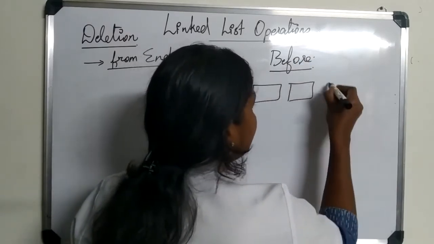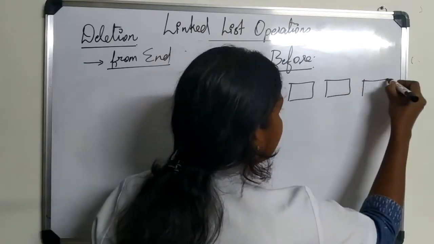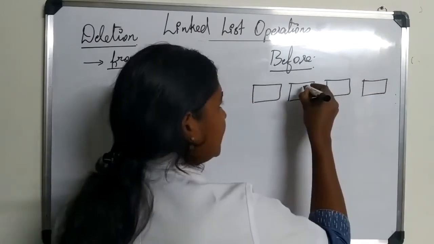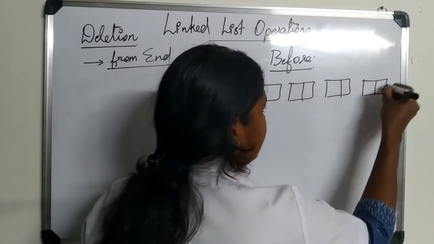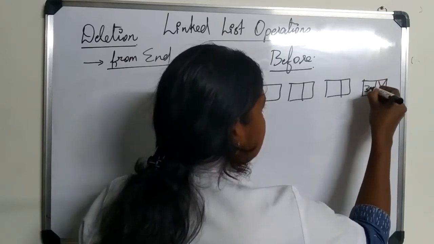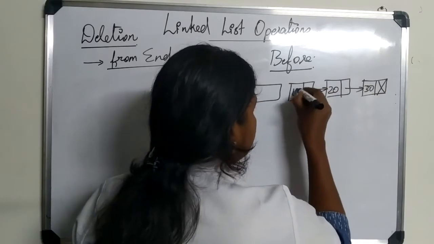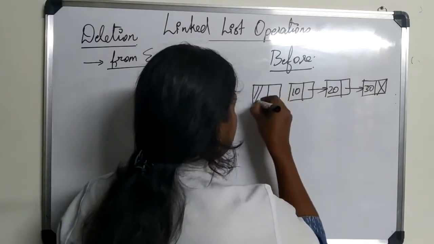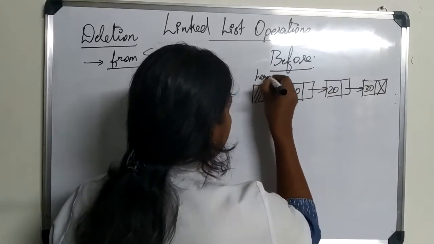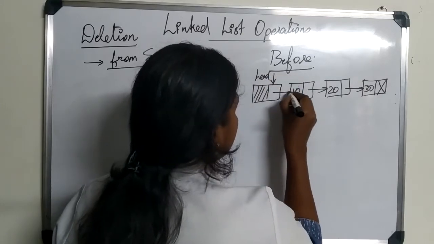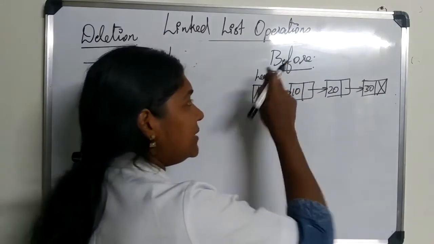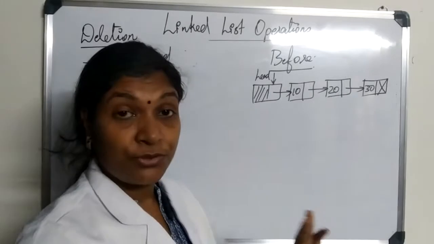So here, in order to understand the concept, let's take 3 data containing nodes, 30, 20, 10, and this is our header node. So whatever name I am writing here, that doesn't matter, okay? That corresponds to header only.